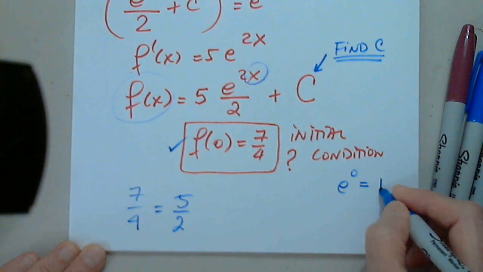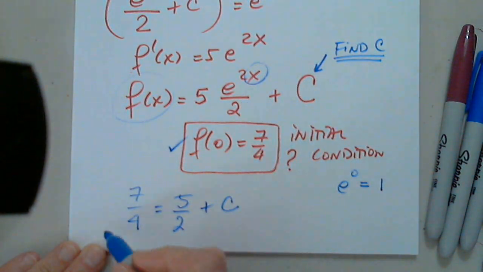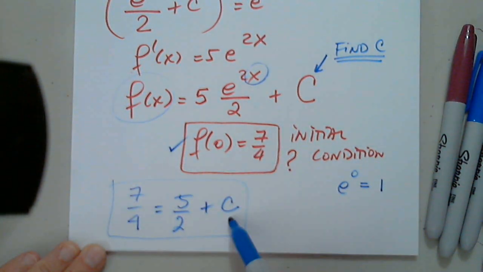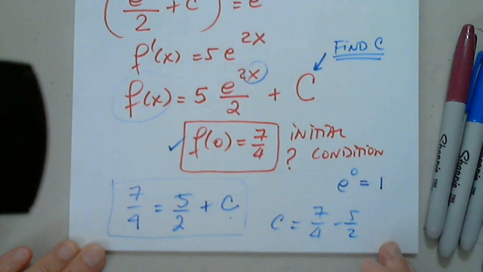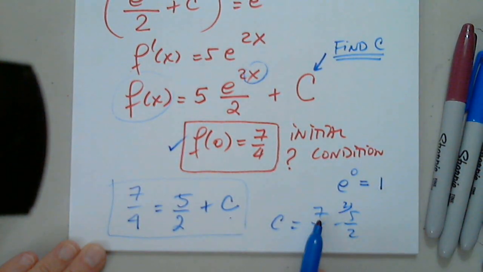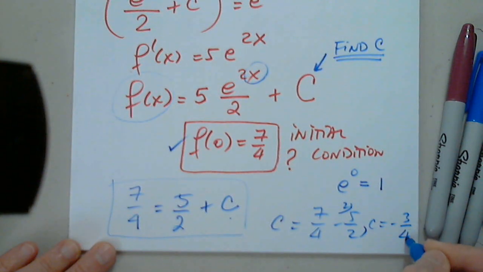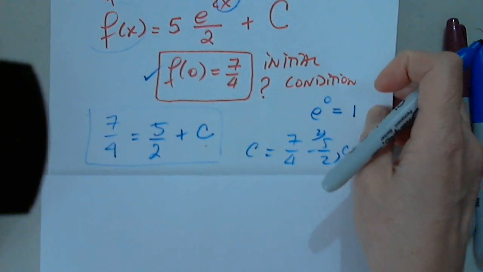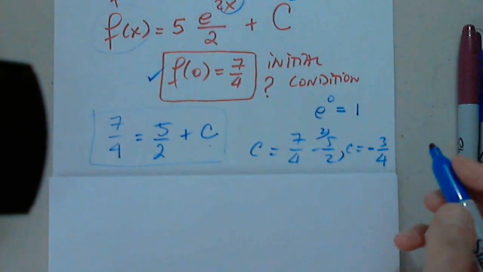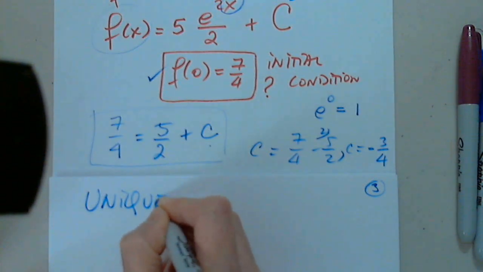Is it 1? Exactly. Plus a constant c. So this equation will give us c. I subtract 5/2. So c equals 7/4 minus 5/2. We multiply this by 2. 7 minus 10. c equals negative 3/4.